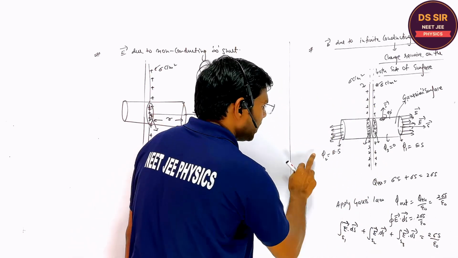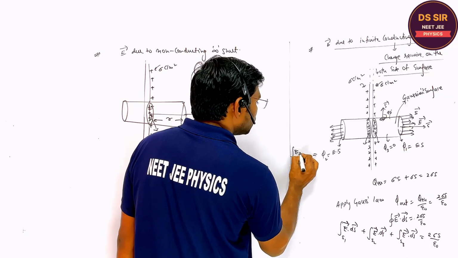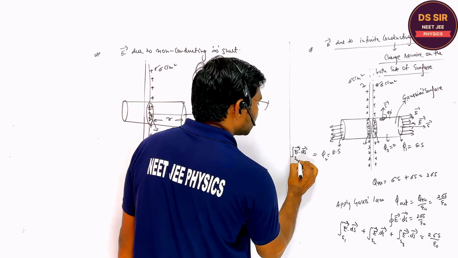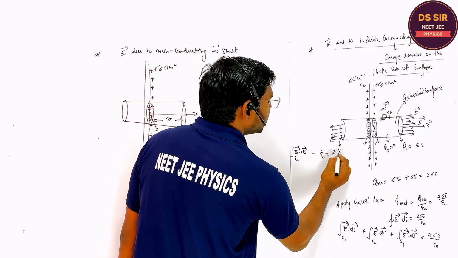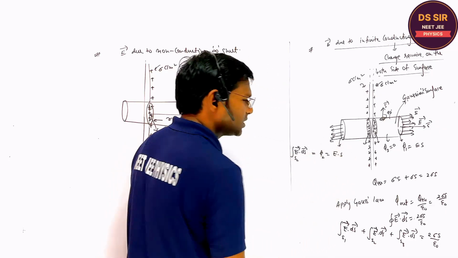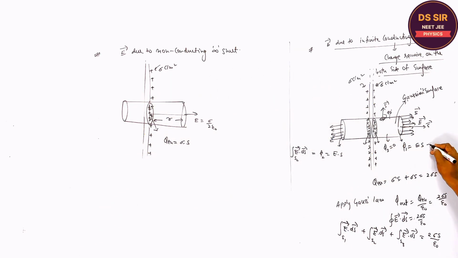So phi 2 is nothing but E dot ds for surface 2, which comes to be E into s. You understand or not? Fine. If you consider surface S1, the integration of E dot ds for surface 1: the angle is 90 degrees, so its value is 0, right? It may be written as phi 1, phi 2, phi 3.